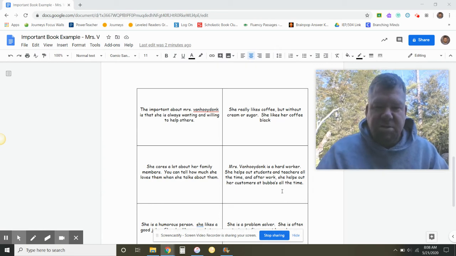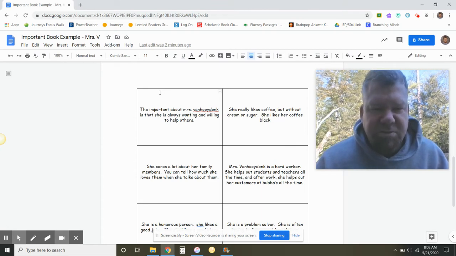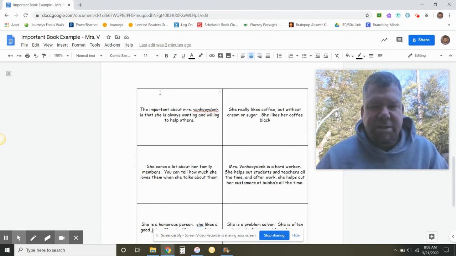Let's go to the first square, or rectangle, if you will. The important about Mrs. Van Hooydonk is that she is always wanting and willing to help others. When you read your own writing, you can often find mistakes that you have made very quickly. Reading it out loud definitely helps. So let me read that one more time to you.